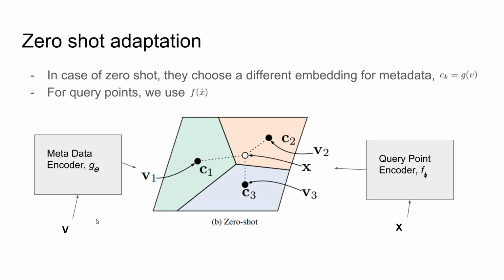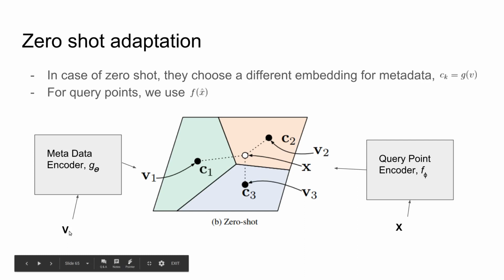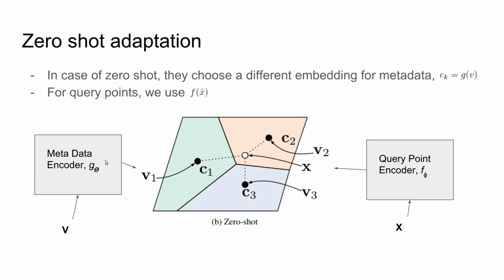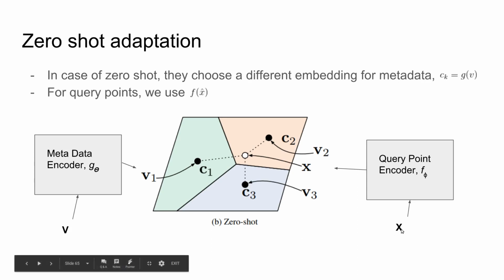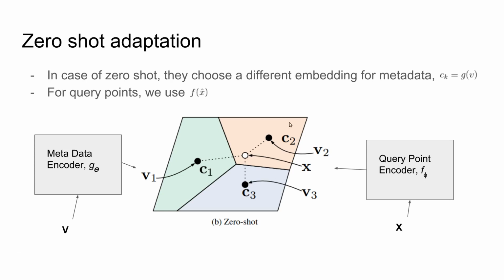For metadata, they pass the data into g and embed it into this space, and to find the label of x, they embed it using a different function f, and then they do all their work in that space, just like they did in the few-shot case.